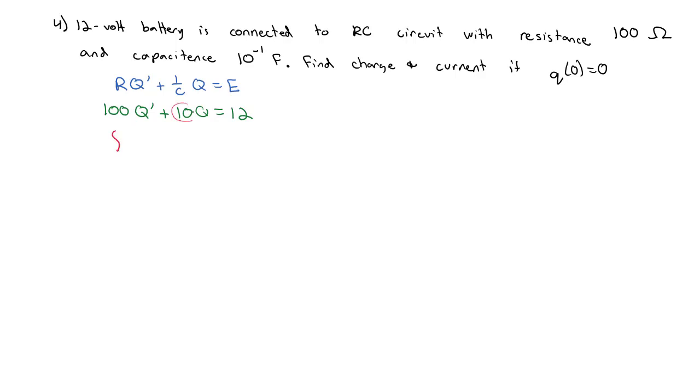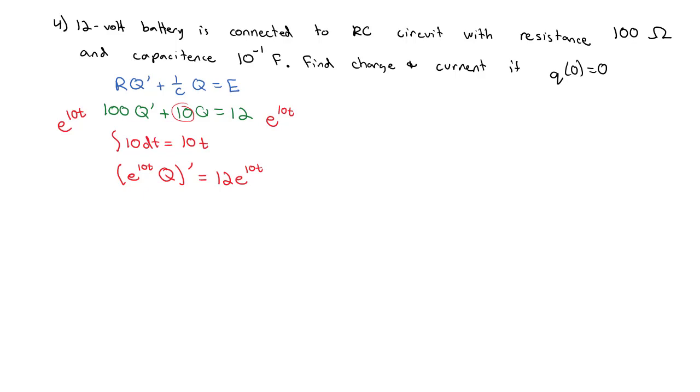We'll integrate the middle function, 10 dt, which just gives us 10t. And we know if we multiply e to the 10t on both sides, it'll give us a real nice product on the left of e to the 10t times the Q prime is equal to 12 e to the 10t.